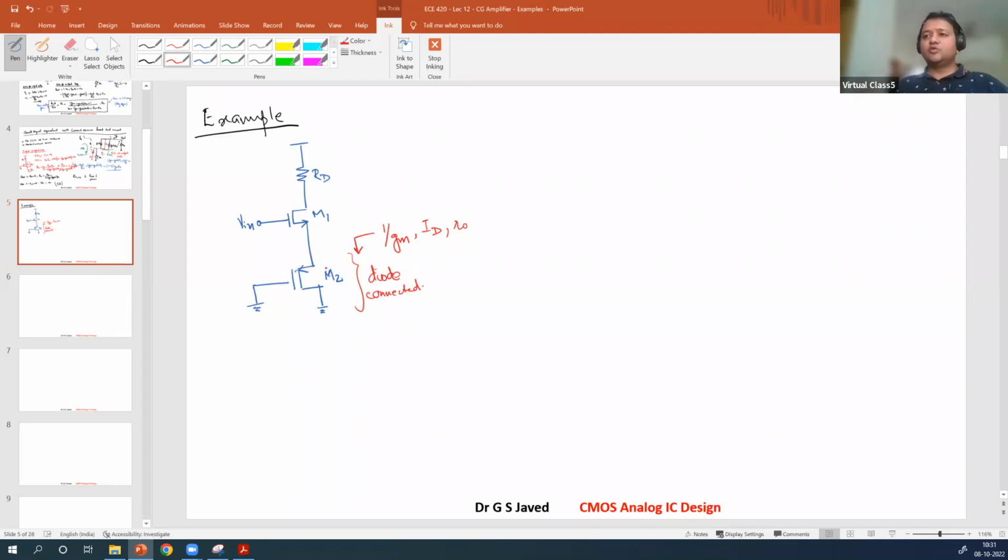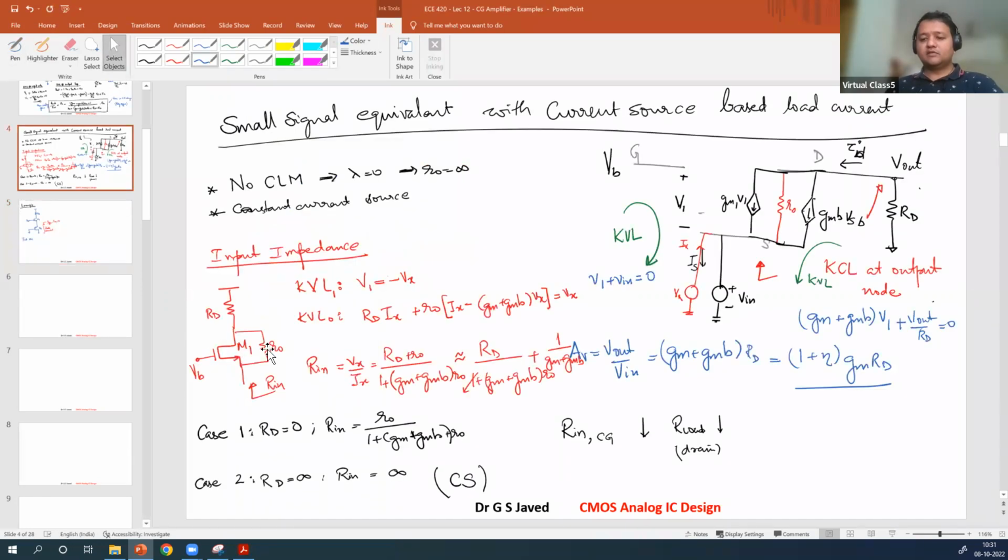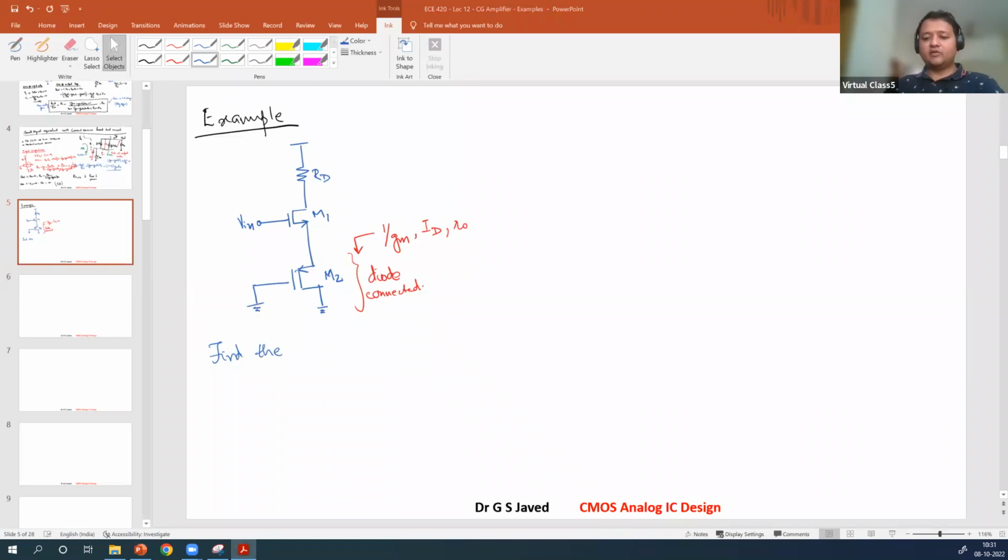So we have to do two considerations. One is in the presence of channel length modulation, another in the absence of channel length modulation. So let us start when channel length modulation is 0. Okay, the question is find the gain, open loop gain in the circuit.